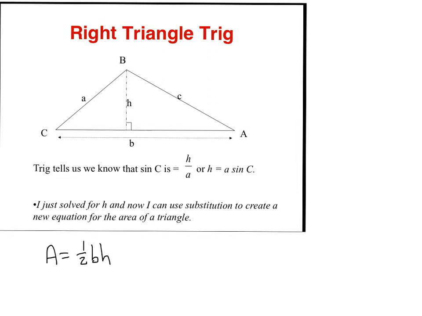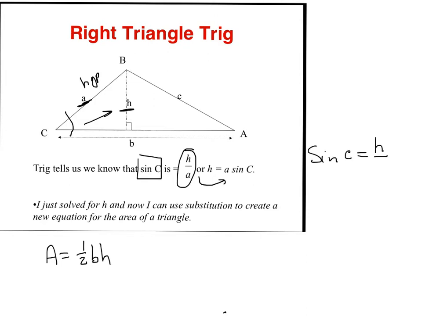Okay? So if I'm looking at this angle right here, then sine of angle C is equal to the height of the triangle over this side, right? This is the opposite, and this is the hypotenuse. So if I have sine of C equal to the height over side A, I can multiply both sides by A and say that the height is equal to side A times sine of the angle.